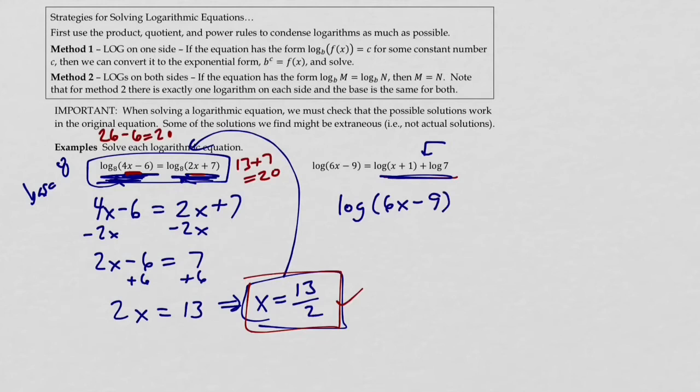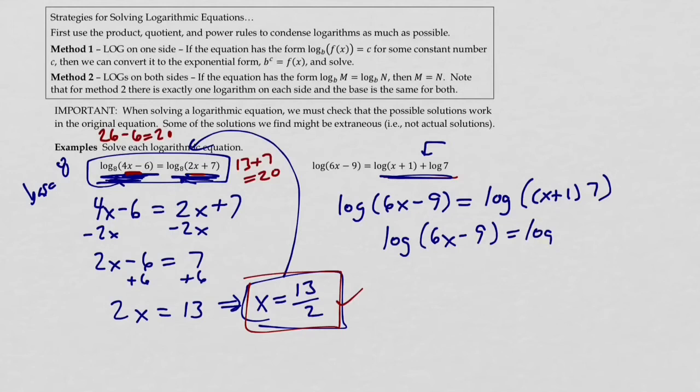We know it's base 10 because there's no explicit base given. On the other side, using the product rule, we end up with x plus 1 times 7 inside the logarithm. And so we have log of 6x minus 9 on the one side and log of 7x plus 7 on the other.